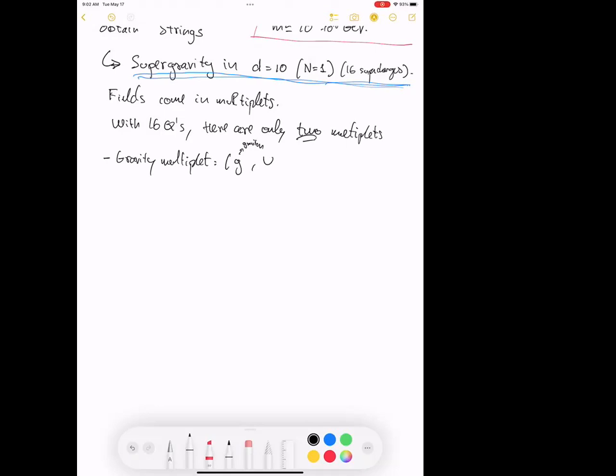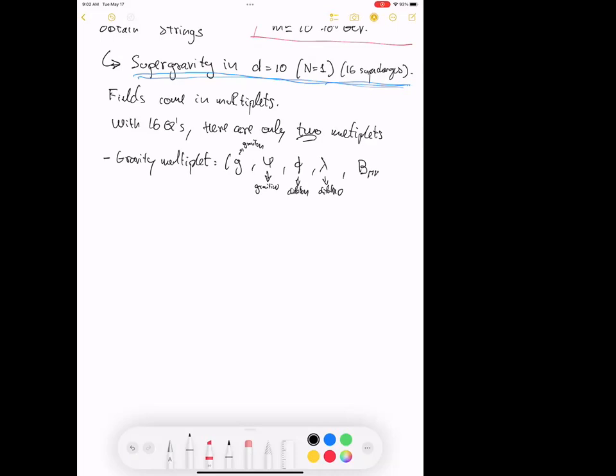It contains a fermion, because supersymmetry relates bosons to fermions, called the gravitino. It also contains a scalar, which we call the dilaton. It's just a scalar. Another fermion, the dilatino. And last but not least, what we call a B field.